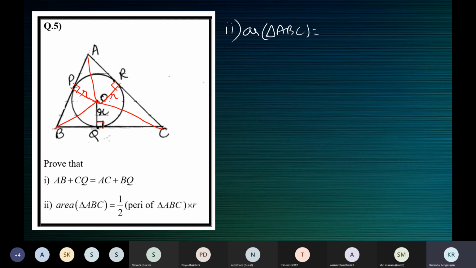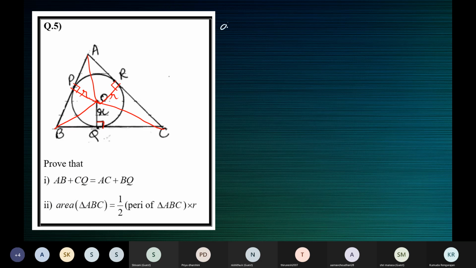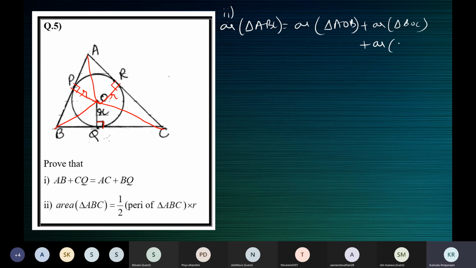So area of triangle ABC is equal to area of triangle AOB plus area of triangle BOC plus area of triangle AOC.